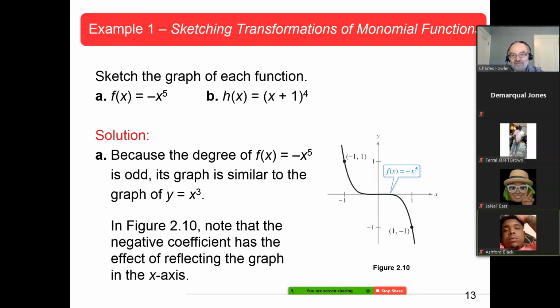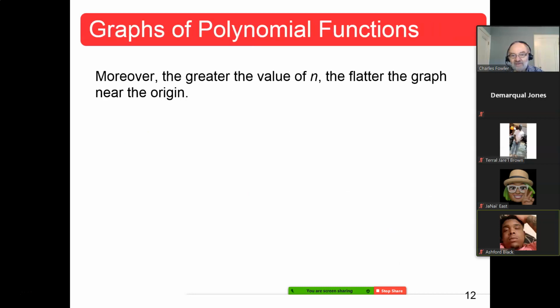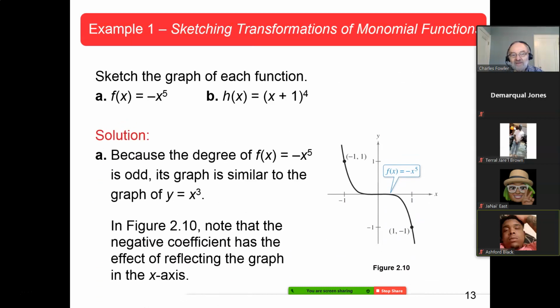Okay, let's show this again. Well, they're not going to show them on one graph. So if it's an odd function, this one happens to be going up and never turns around again. Keeps going up, up, up. And over here, it keeps going down, down, down. Okay? That's a characteristic of polynomial functions.